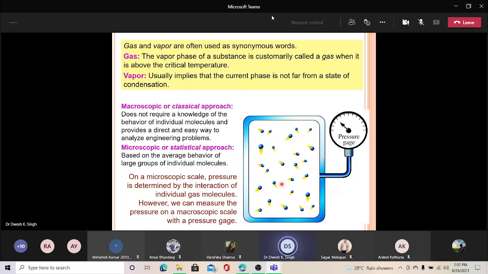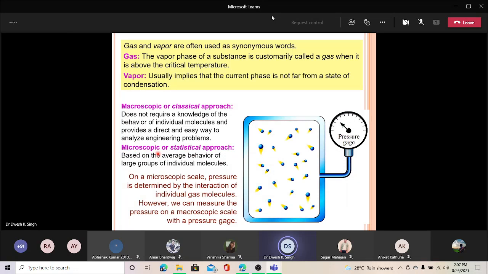Let us take these blue dots in this container as individual molecules. So here we have a number of molecules, and if you are studying each and every molecule, then it is called microscopic.